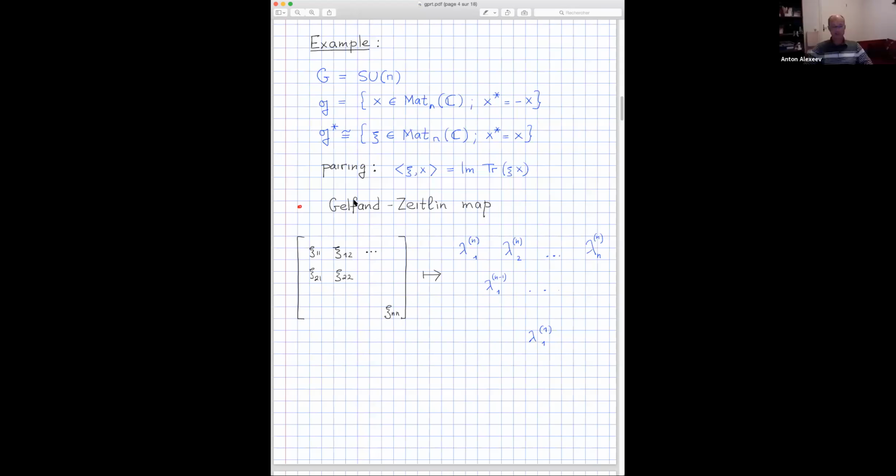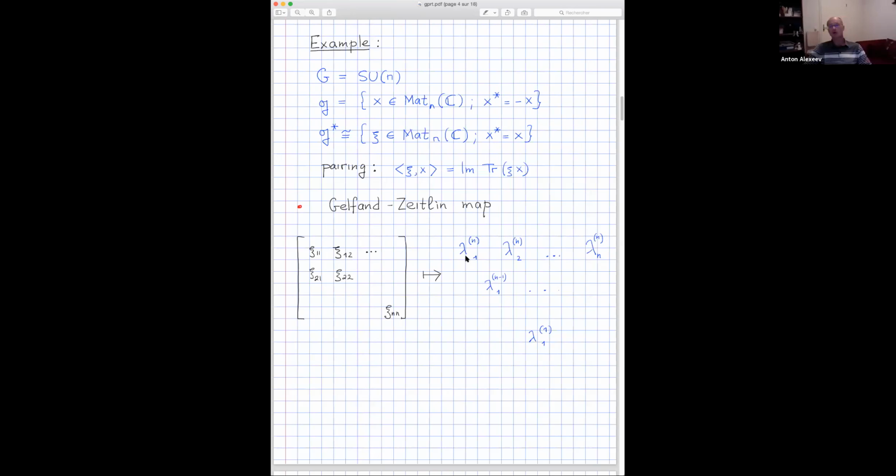So this Gelfand-Zeitlin map does the following. You take your Hermitian n by n matrix, this matrix ψ, and you associate to it a triangular tableau, the Gelfand-Zeitlin pattern.